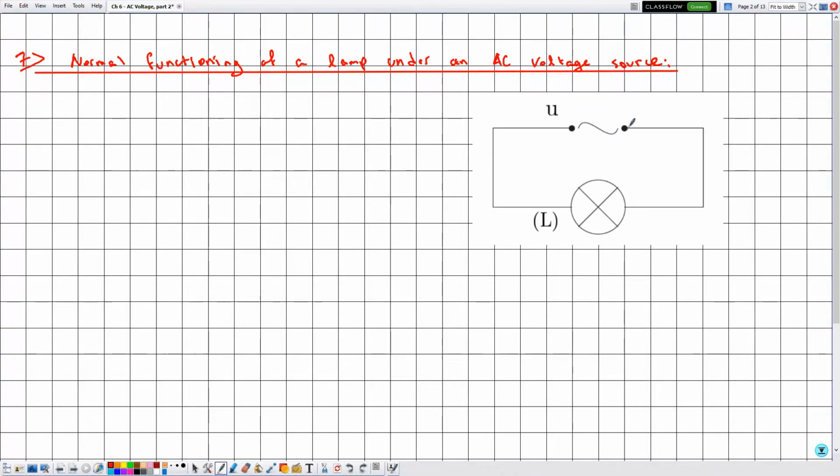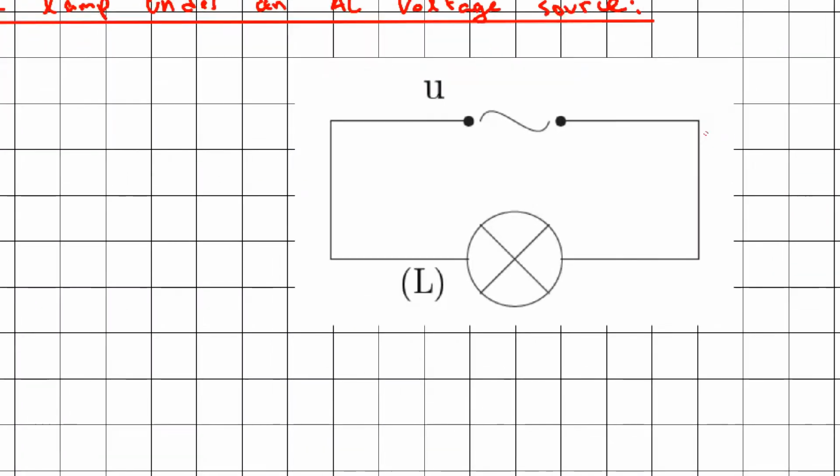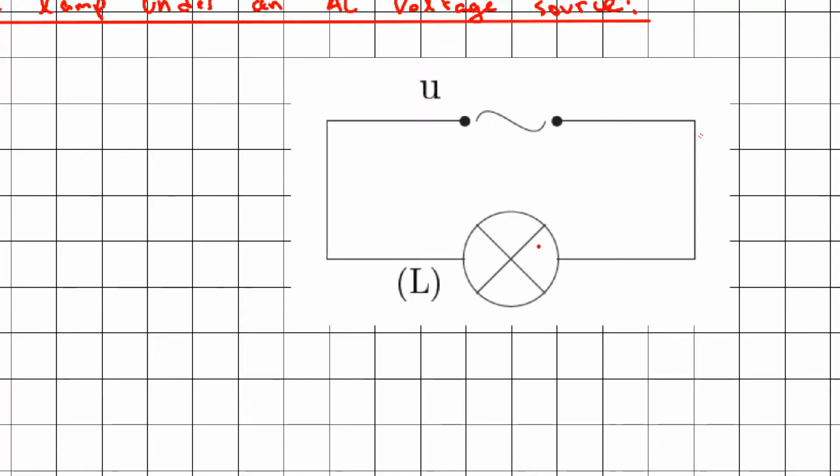So now in this case, if we consider this simple electric circuit, we have a voltage source connected to a lamp. Now from the indication of the voltage source, one can notice that the type of this voltage is AC alternating sinusoidal voltage source. So in order to describe the functioning of the lamp, we need to compare the value of the applied voltage to the rated voltage of the lamp.